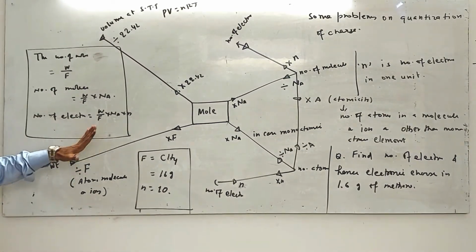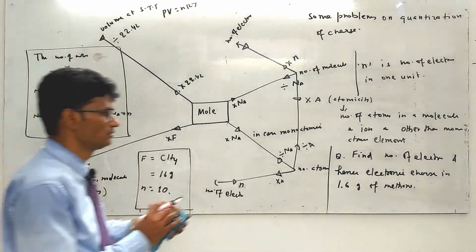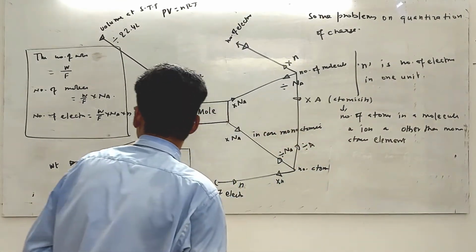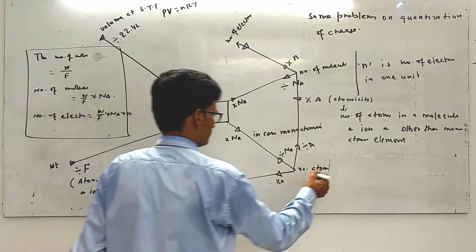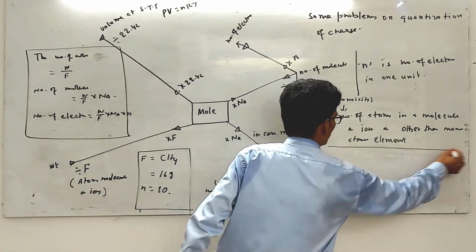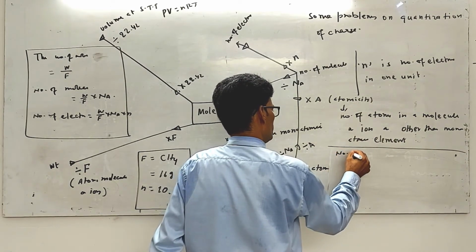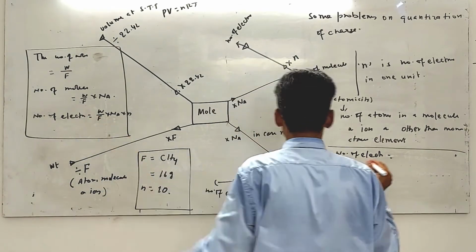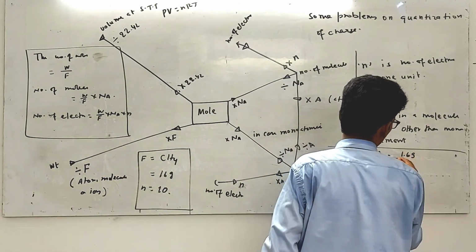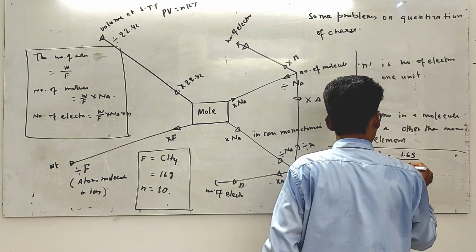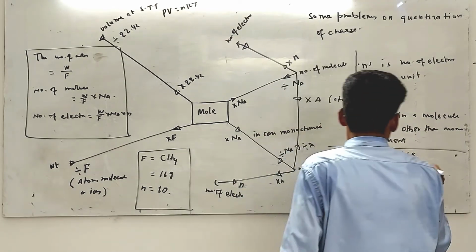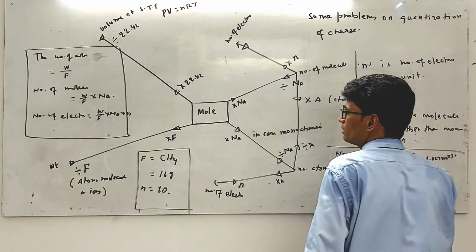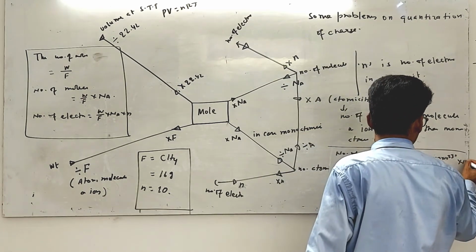So now put the values of everything, you will get your answer. Number of electrons is equal to W 1.6 gram, molecular weight 16 gram, Avogadro number 6.022 into 10 to the power of 23, and n is 10.